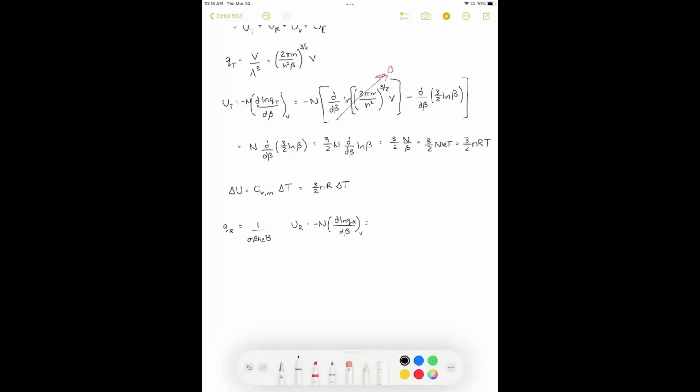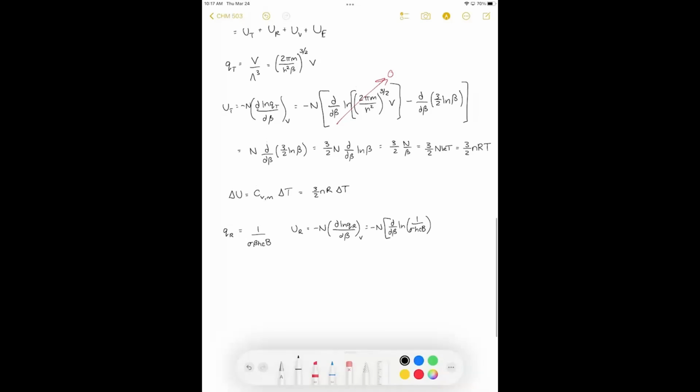And we can do the same thing. So we can say this is equal to -n times the derivative with respect to beta of the natural log of 1 over sigma HCB, and then minus the derivative of the natural log of beta with respect to beta.